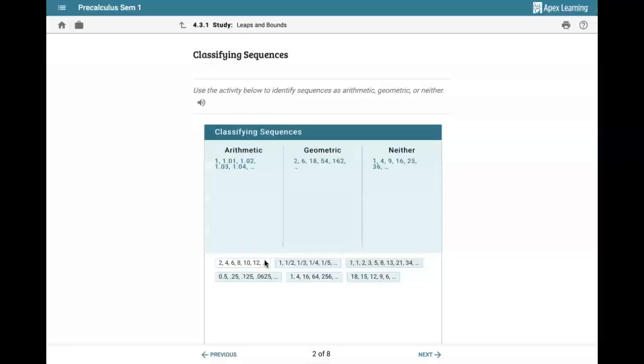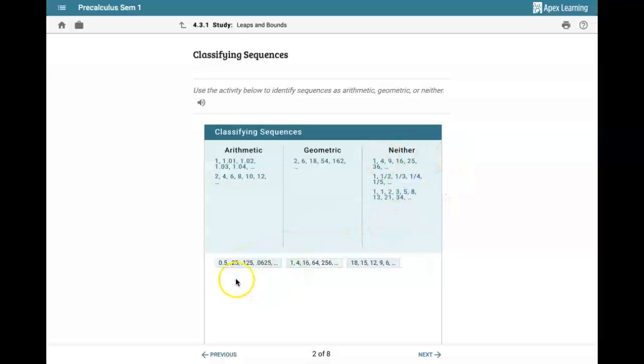This next one, 2, 4, 6, 8, is adding 2 every time. This one at first might look like a sequence, but it's just dividing by the next number, and that's not what we talked about with geometric or arithmetic. Looking at this next one, 1, 1, 1, 1, 2, 2, there's no pattern there.